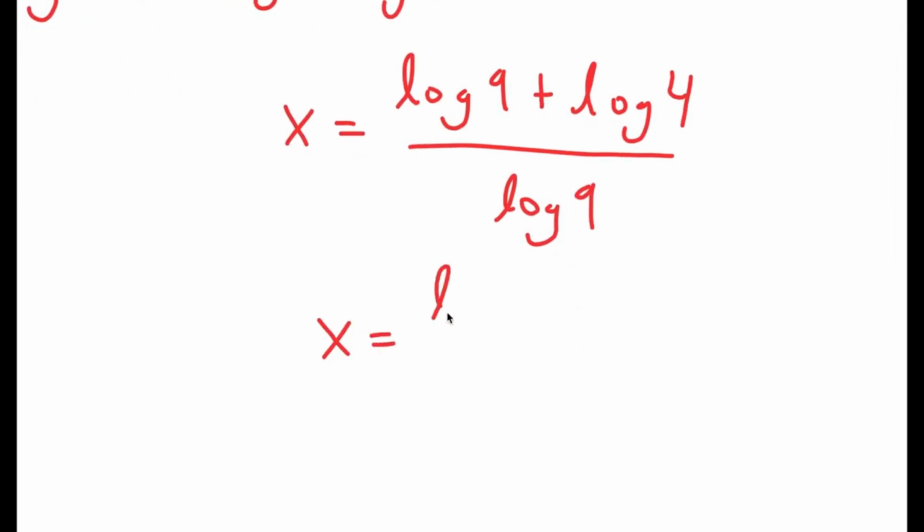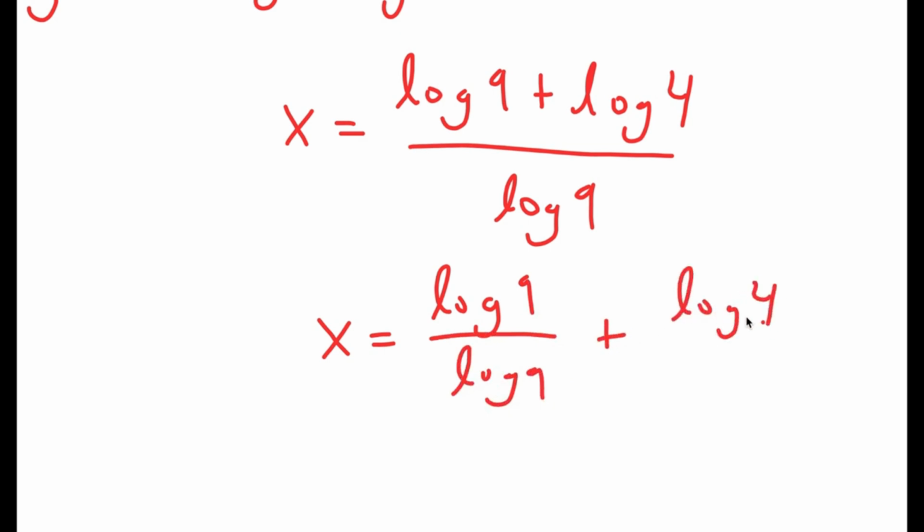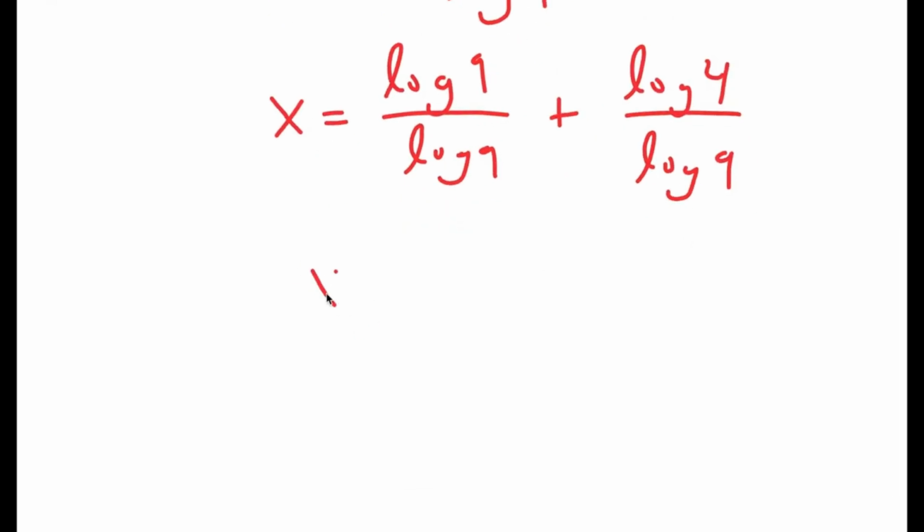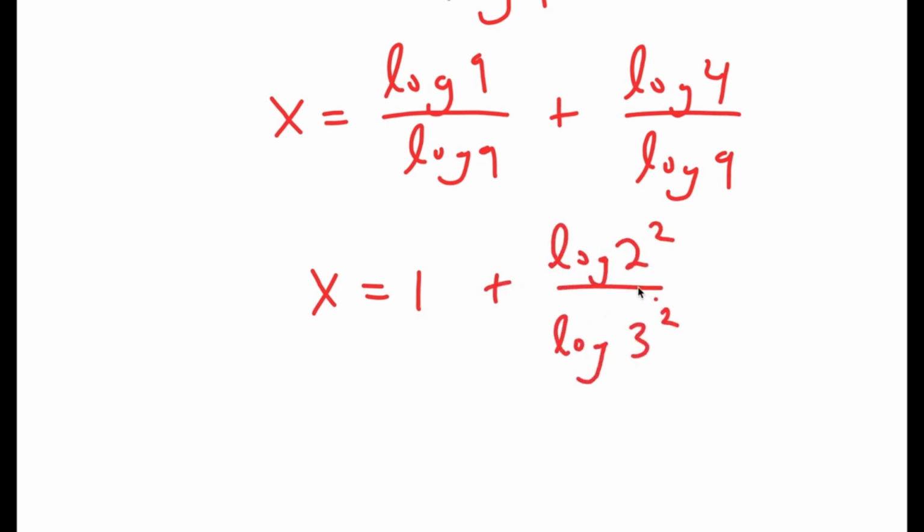So now this is equal to log 9 over log 9 plus log 4 over log 9, which is equal to 1 plus log of 2 squared over log of 3 squared.